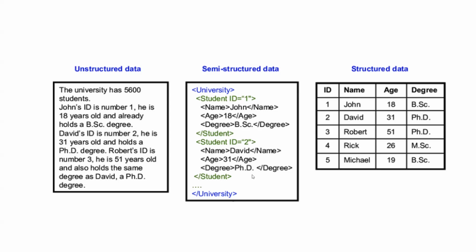So this is all unstructured data. Semi-structured data is like an XML file or a JSON file, where data is not fully organized, but it is organized up to some extent. And this is structured data, where all the data is properly aligned in the form of rows and columns.